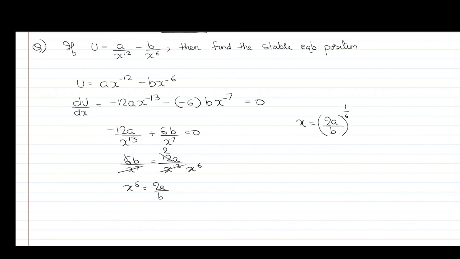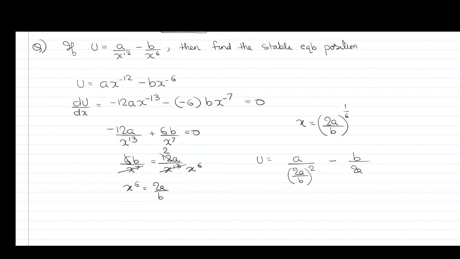Now, although it is not asked, still, suppose they ask us what is the minimum potential energy, so we have to simply put this value of x in the formula of U. So U is A upon x to the power 12. So when we do 2A upon B to the power 1 by 6 and whole to the power 12, we'll get 2A upon B whole square, minus B upon x to the power 6.